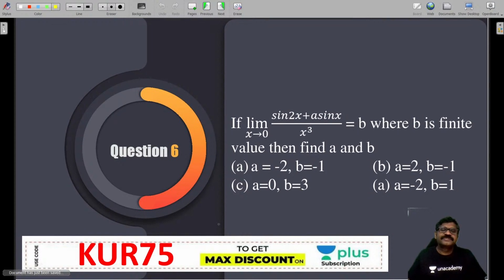Next problem. Limit x tends to 0, sin 2x plus a sin x by x cube equal to b, where b is finite, then find the values of a and b.